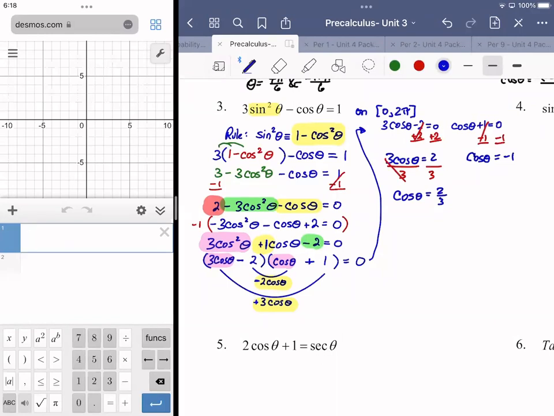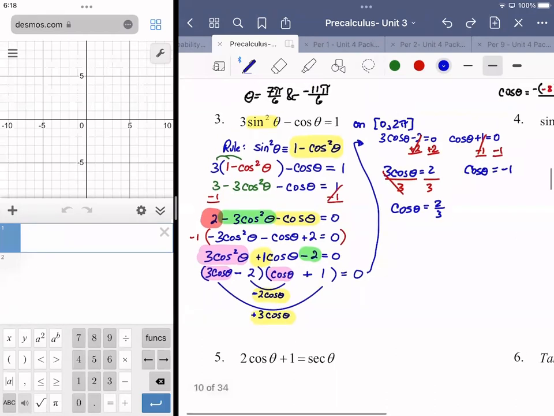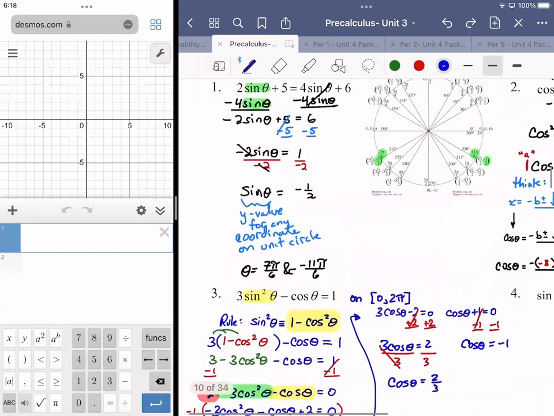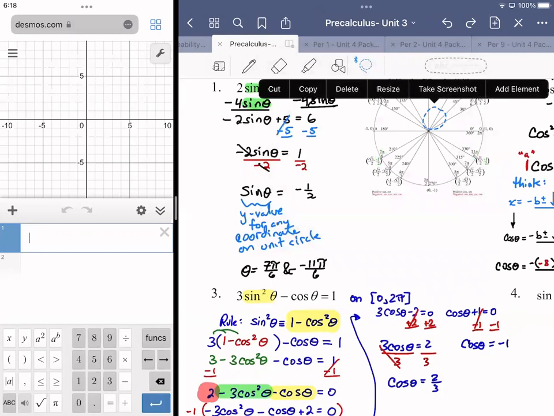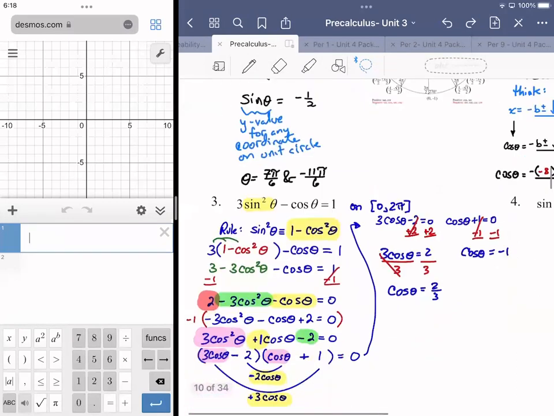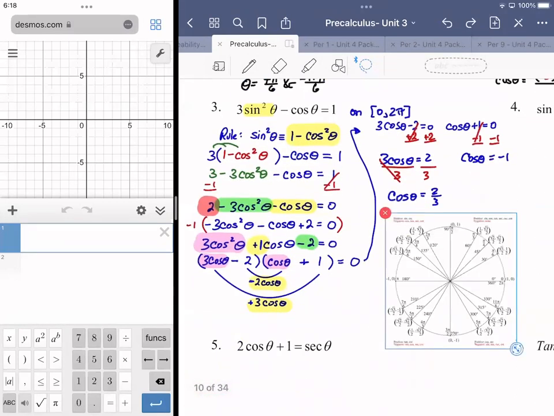So for this one, this is the easier one. This is really just saying what angle on the unit circle has a cosine value of -1. Let me just grab my unit circle for reference.